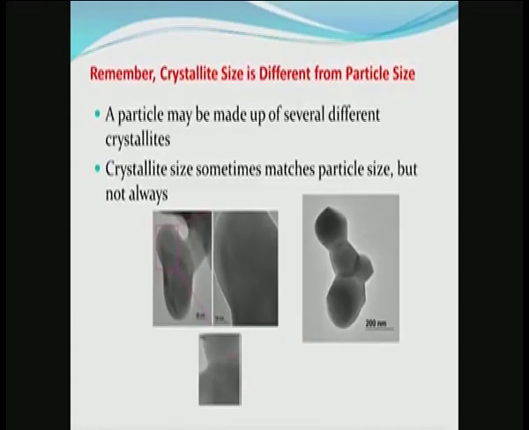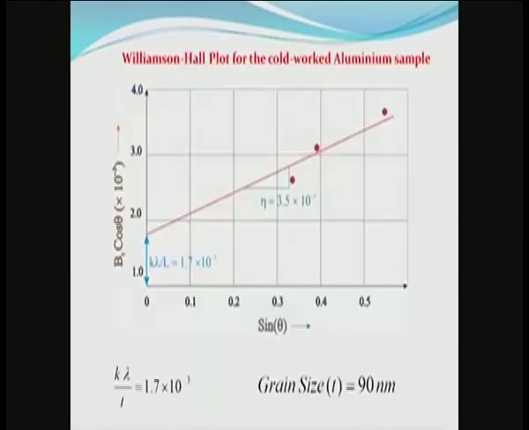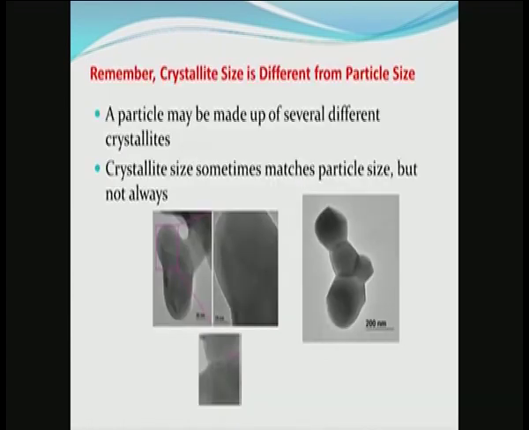Now, having learned how to experimentally determine the average crystallite size, remember it is an average. It is important to remember in this context that crystallite size is different from particle size, because particles can be formed by the agglomeration of crystallites. Therefore, electron microscopy can help us.